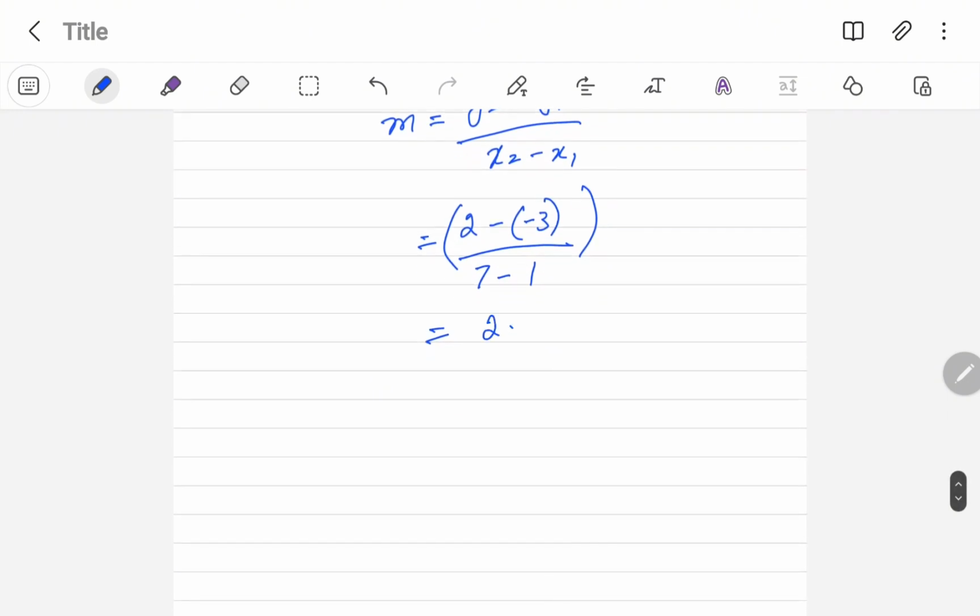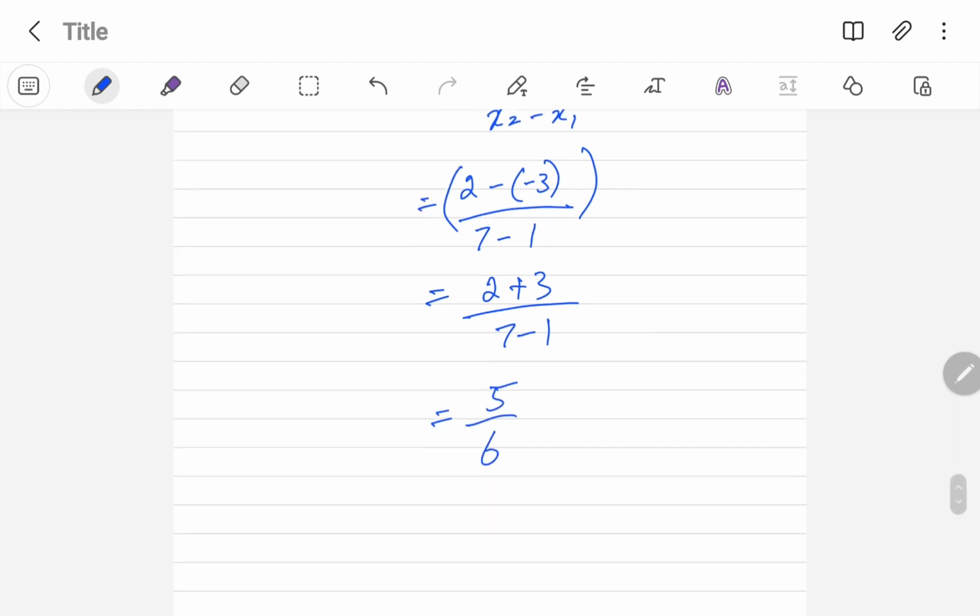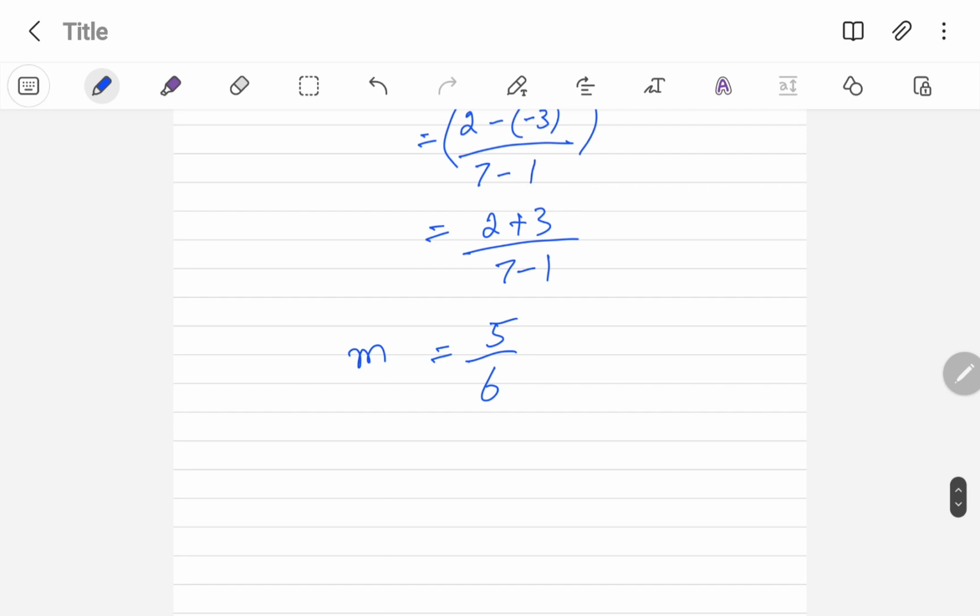It will be 2 plus 3 over 7 minus 1. It will be 5 over 6. It is the gradient. It is the required answer that we want to calculate.